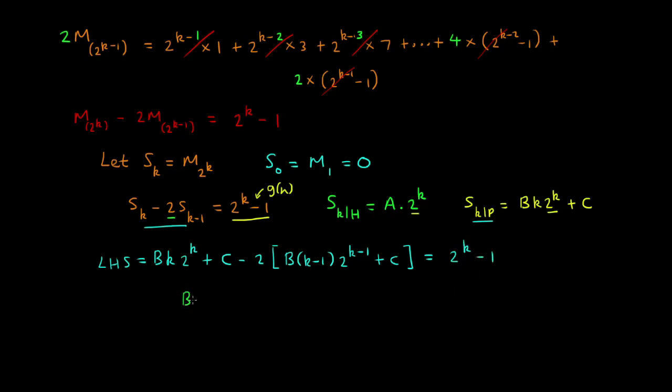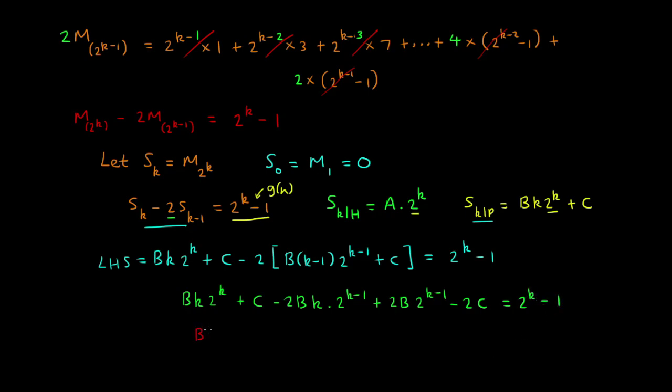And if we expand these terms, we get bk by 2 to the k plus c minus 2bk by 2 to the k minus 1. Then minus minus is a plus, so that will be plus 2b by 2 to the k minus 1. And then minus 2 by c is minus 2c. And that's equal to the right hand side.